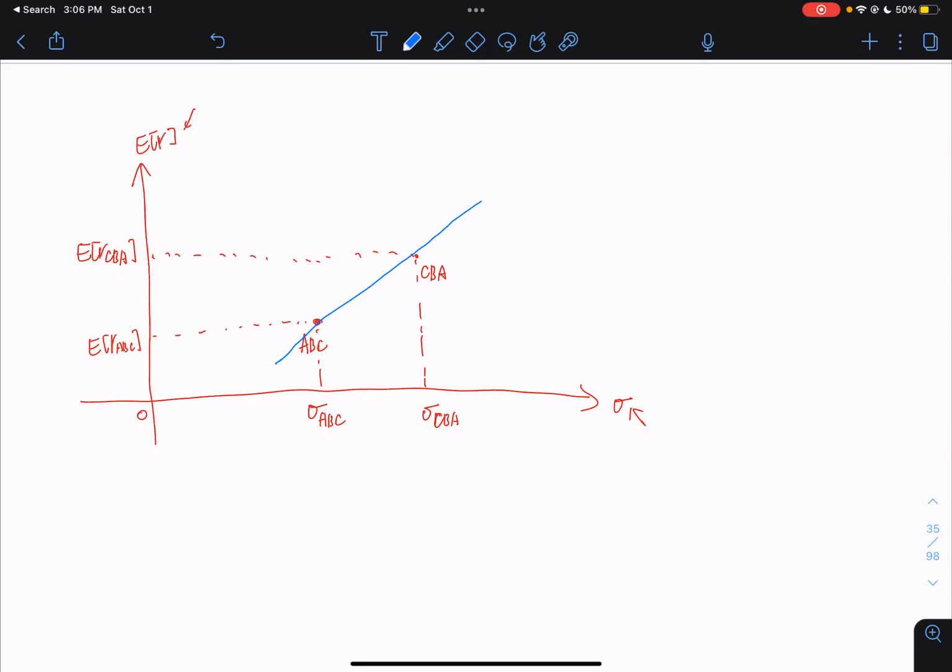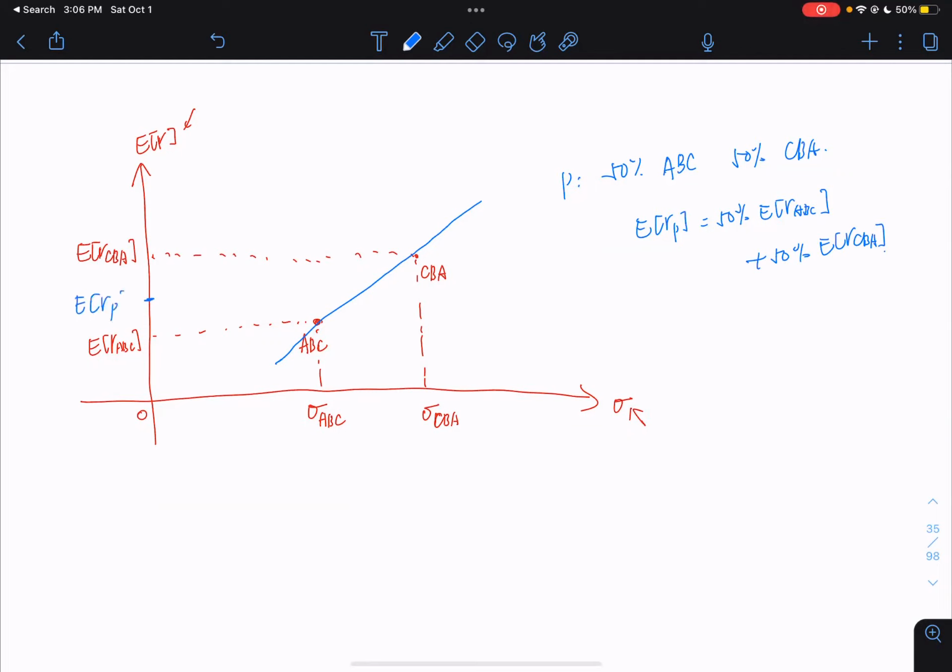Suppose you have 50% in ABC and 50% in CBA. Your portfolio expected return will be 50% of ABC plus 50% of CBA. On the y-axis, it's going to be in the middle because it's just half and half. So this is your portfolio expected return.